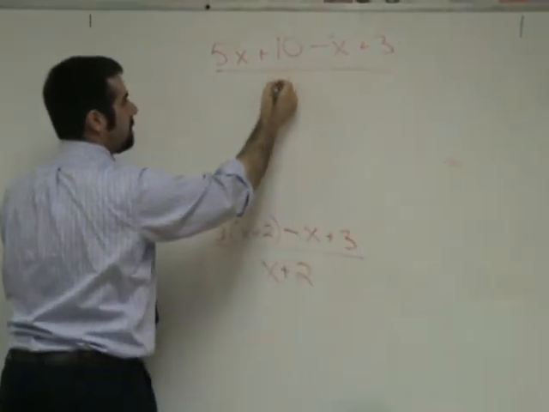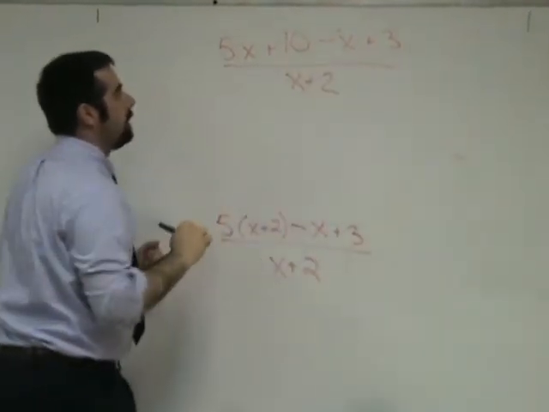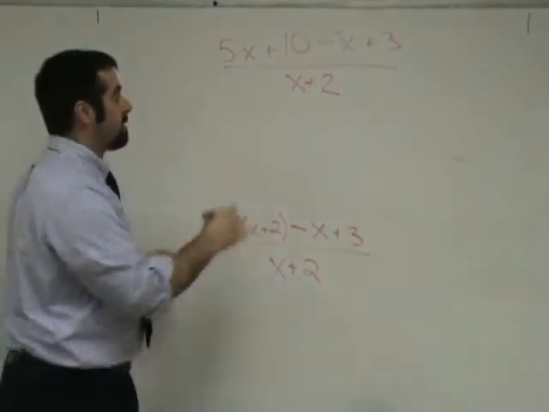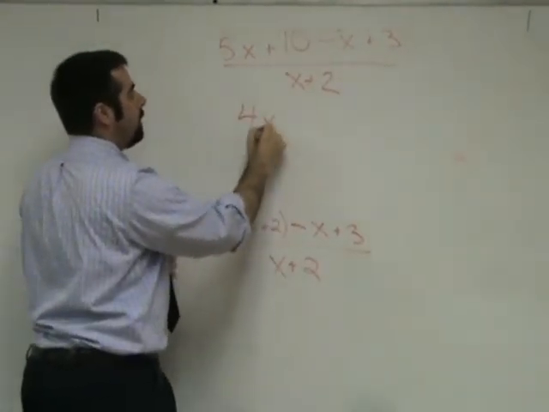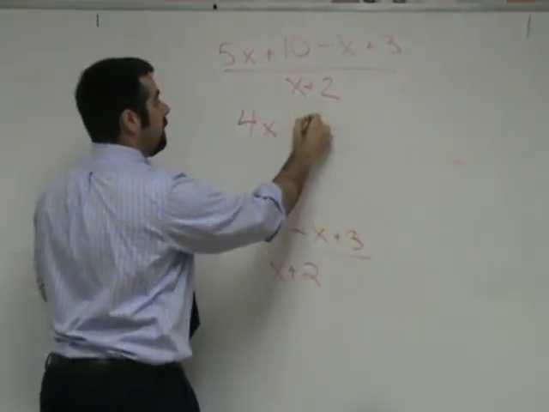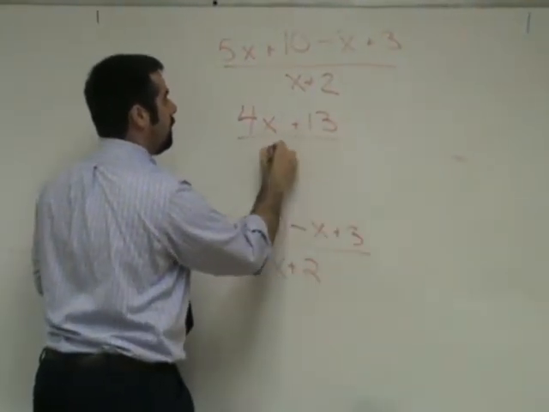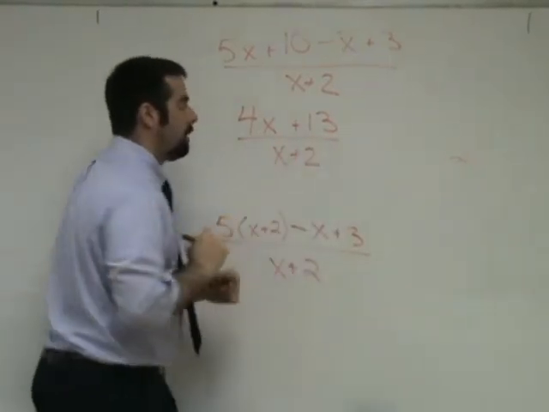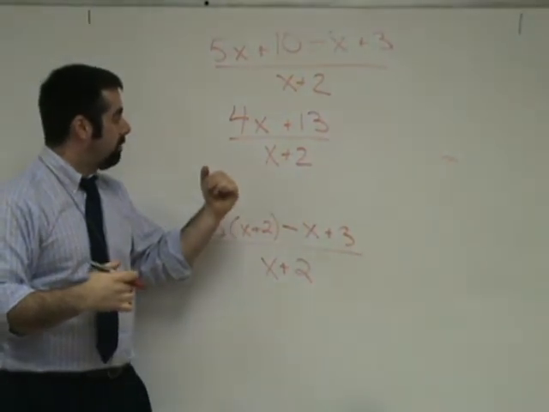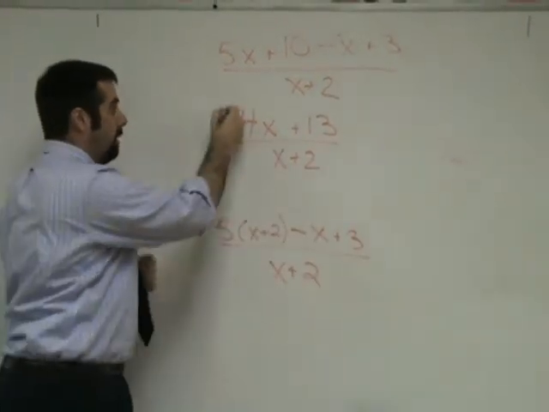Again, my denominator doesn't change, x plus 2. Now let's simplify. So I have a positive 5x and a negative x. That gives me 4x. I have a positive 10 and a positive 3, plus 13 over x plus 2. Notice there's no way to really simplify this, so we're finished.